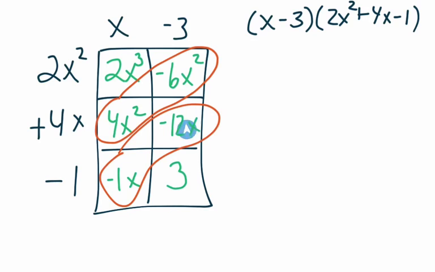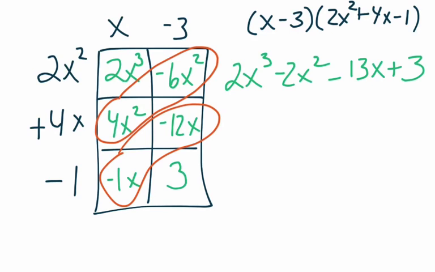So to get the area of the entire rectangle, we're going to add up the individual areas. So we have 2x to the third. 4x squared minus 6x squared is negative 2x squared. Negative 1x minus 12x is negative 13x. And then we have the positive 3. And so that's how the area model works for multiplication.